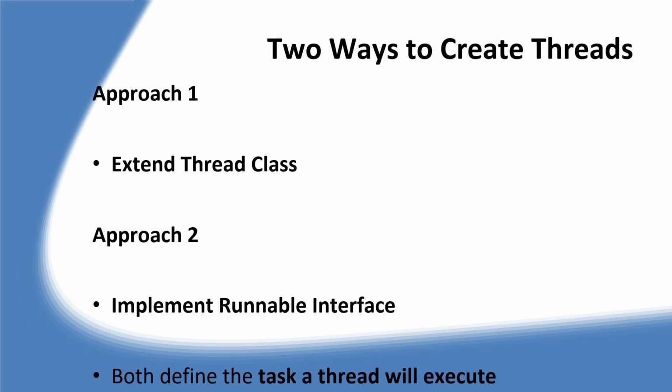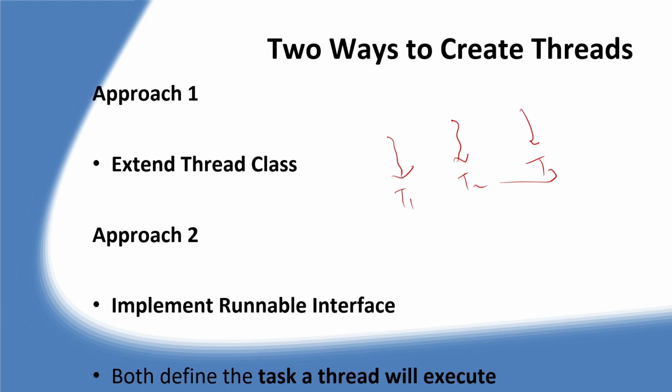Java provides two fundamental approaches that we can use to define work for a thread. Work for a thread means, suppose we have different threads, each thread will be performing some work.